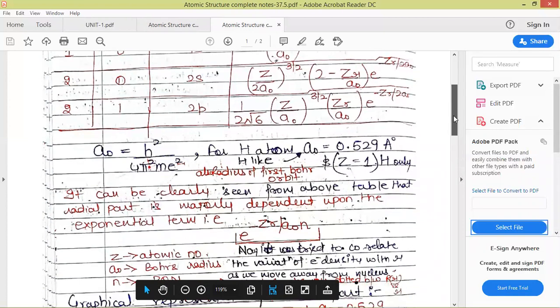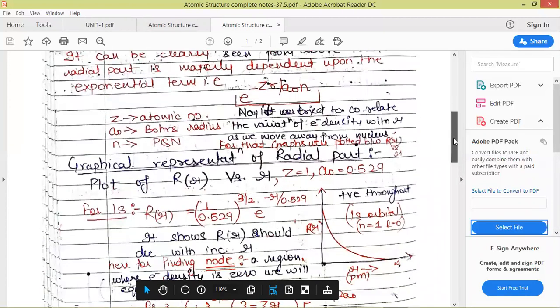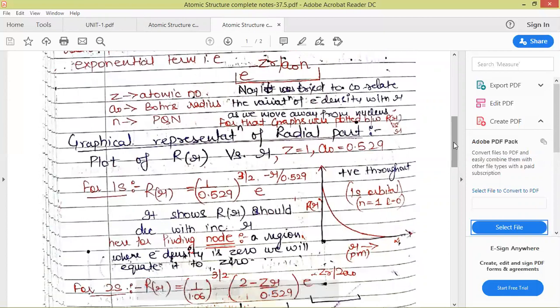Now we put the values for the hydrogen atom, and we'll try to correlate it with the electron density present around the nucleus, and see the variation of electron density with radius as we move away from the nucleus.